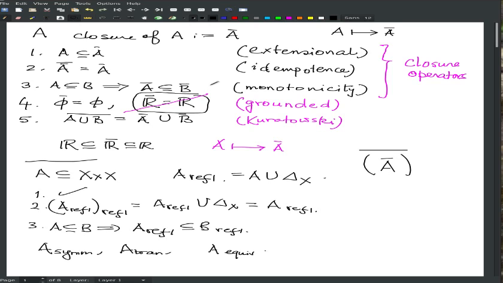So that is idempotence. You apply this process twice, you don't get anything more. You get the same thing again.